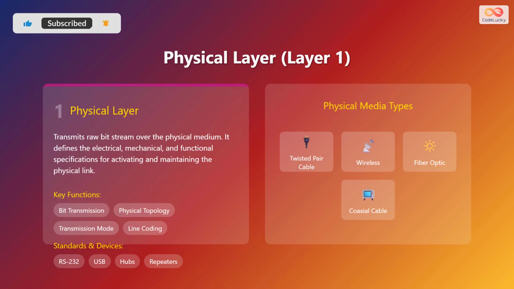Some of the standards and devices associated with the physical layer include Recommended Standard 232 or RS-232, Universal Serial Bus or USB, hubs, and repeaters. There are many different types of physical media including twisted pair cable, wireless connections, fiber optic cable, and coaxial cable.